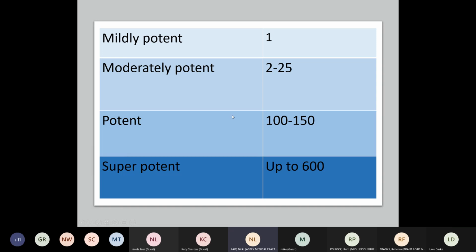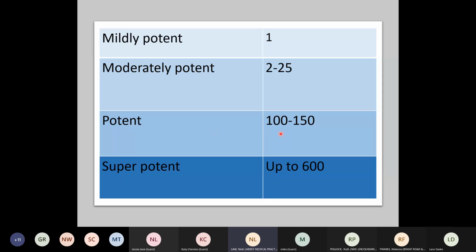I thought this was an interesting table. It said if you have a mildly potent topical steroid, say like 1% hydrocortisone, which you'll see in the mild section on the sheet, if we give that a strength of 1, which is just a nominal idea, then if we treat them with a moderately potent topical steroid, so something like Eumovate, that's between 2 and 25 times as strong.